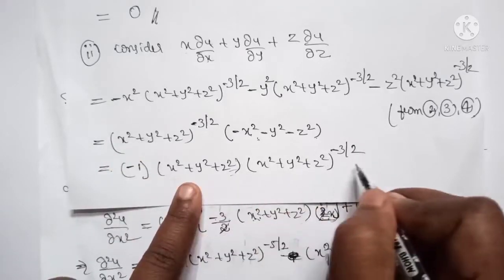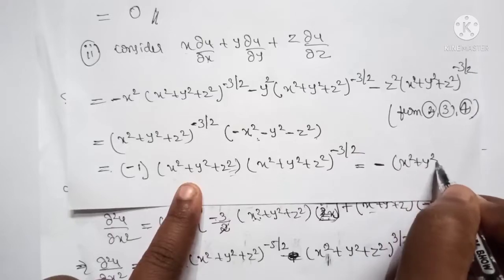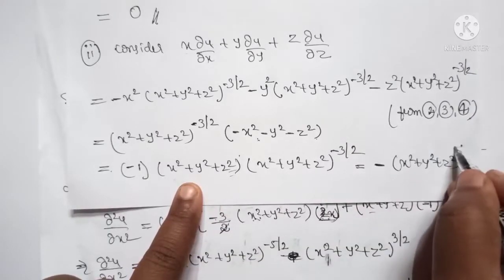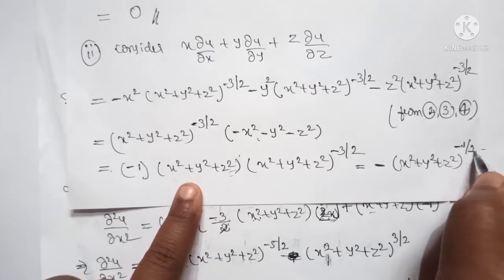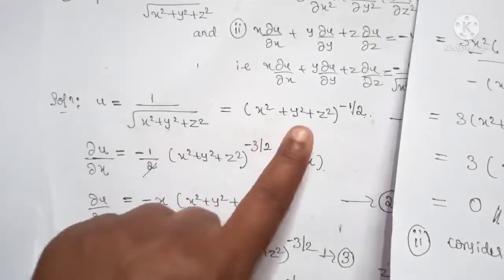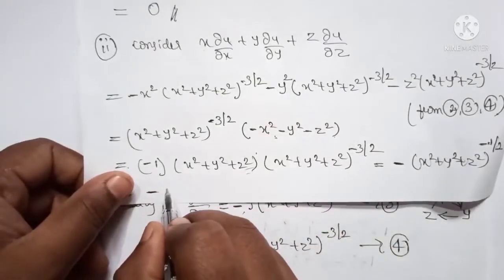Adding powers, bases are the same, we get minus (x² + y² + z²) to the power minus 3 by 2 plus 1, which is minus 1 by 2, nothing but our given function u, okay. So we get minus u.